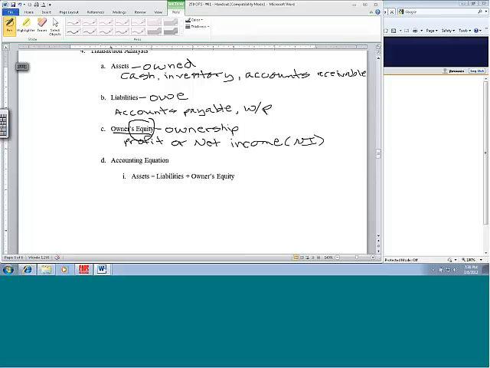So the first example, let's say that the company buys a $20,000 delivery van, and it finances it.